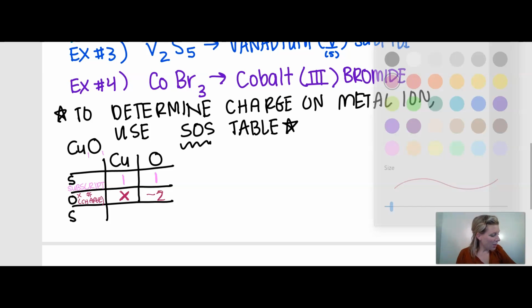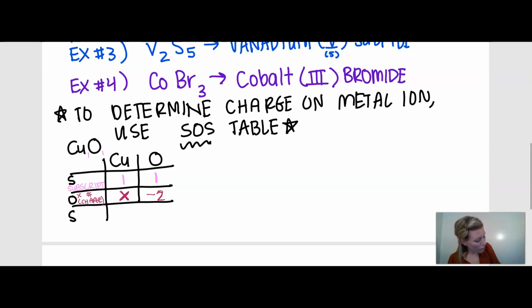Okay? And then our last S stands for the sum of, okay? But before we can get to the sum of, we need to complete a little bit more math. Now, what we're gonna do is we're gonna say 1 times X gives us what value? It's gonna give us 1X, okay? And we're gonna do 1 times -2, which is gonna give us -2. So you can see we're well on our way to starting a mathematical equation here.